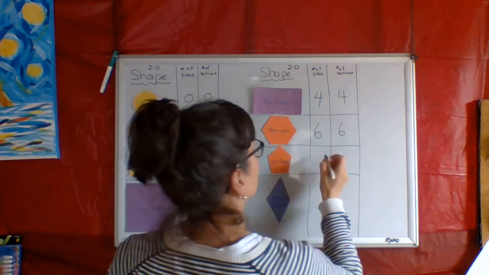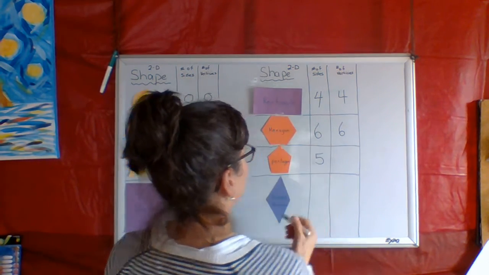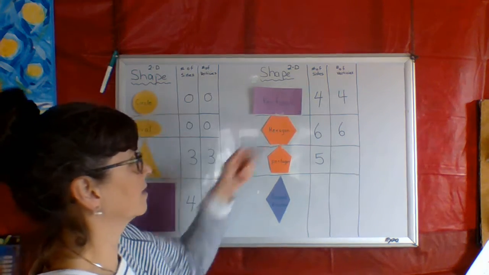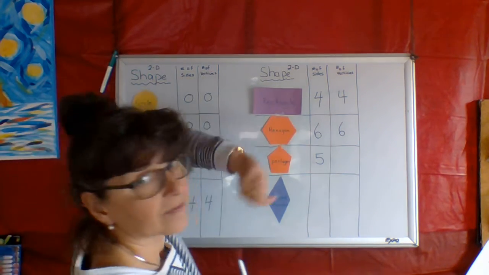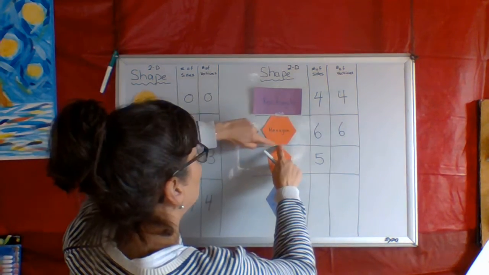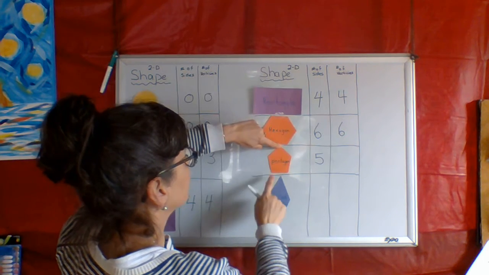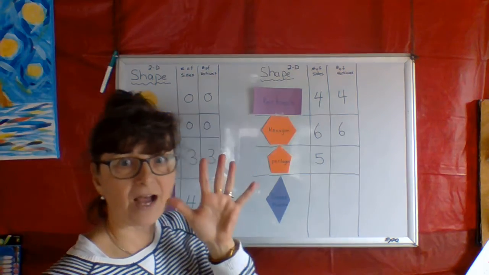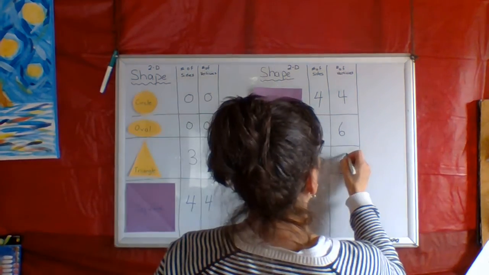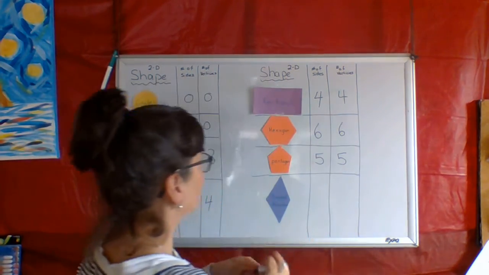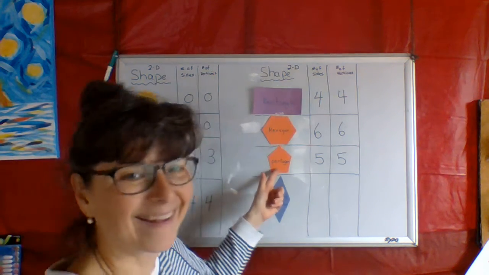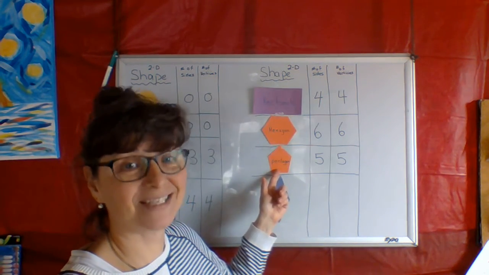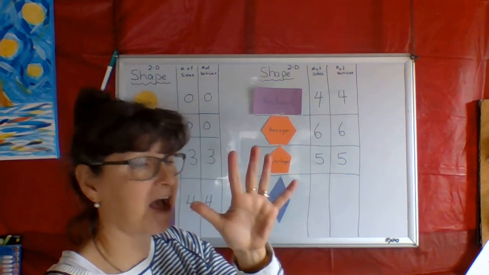So it has 1 fewer side than a hexagon. Let's count the vertices. 1 vertice, 2 vertice, 3 vertice, 4 vertice, 5 vertice. 5 vertices. And this is called, you got it, a pentagon, because it has 5.